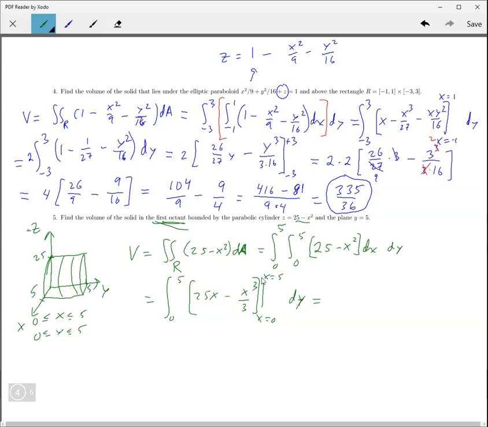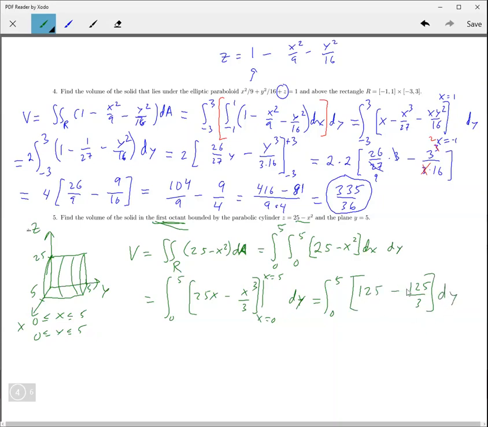So you put a 5 into there, you're going to get 125, and then another 5 is also going to give you 125 over 3.